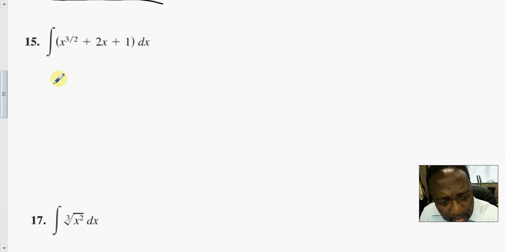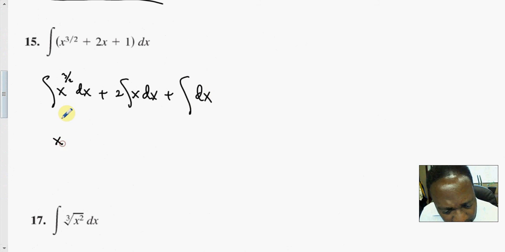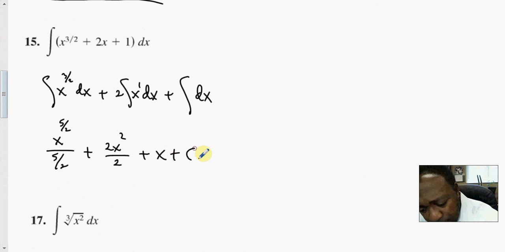We integrate here. You integrate the x to the 3/2 plus 2 times the integral of x dx plus the integral of dx. So this gives us x to the 3/2 plus 1 is 5/2, all over 5/2, plus 2 times x to the second divided by 2, since x to the first, 1 plus 1 is 2, plus x plus a constant.